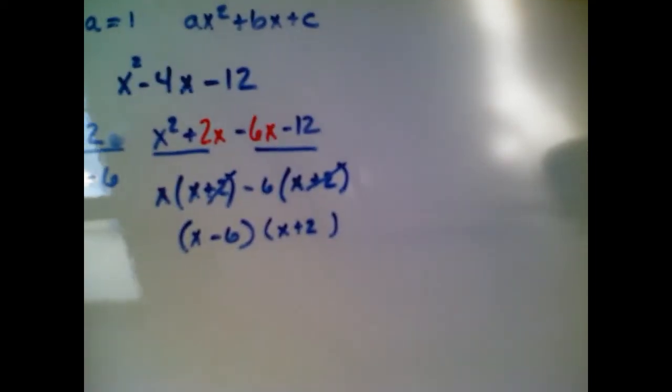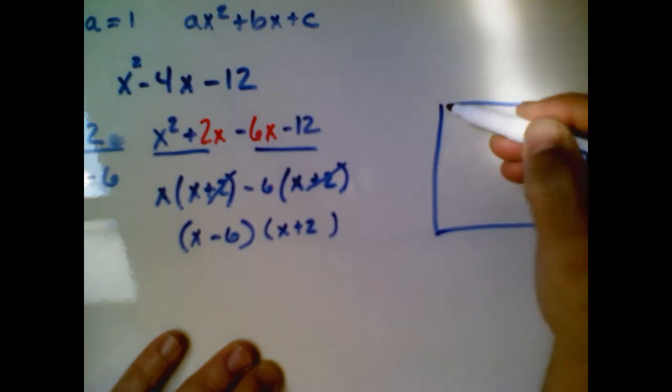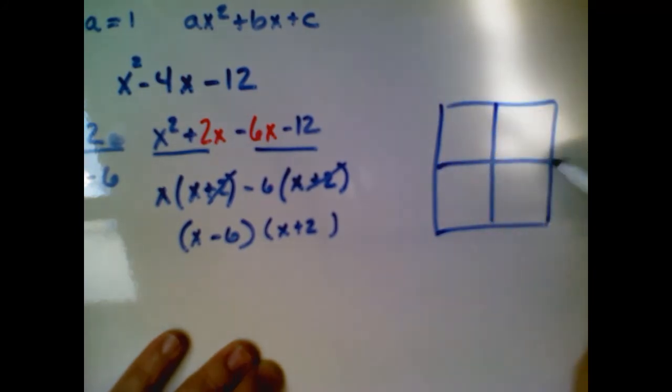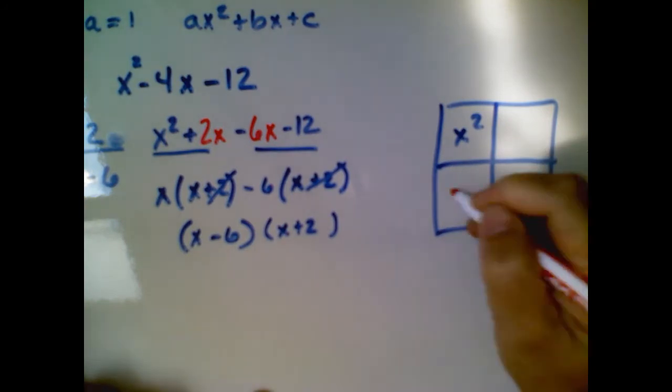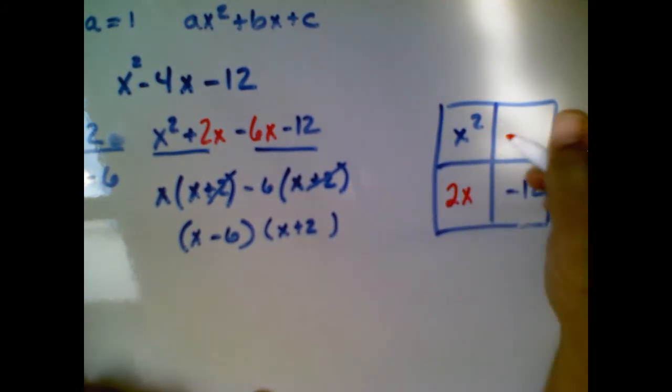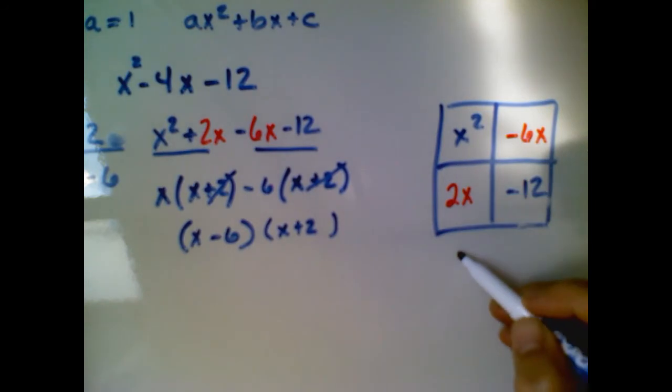If you're going to do the square, you do need to make sure that you have your two middle terms. And there's no rhyme or reason to this. It is what they both have in common. So these both have an x in common.